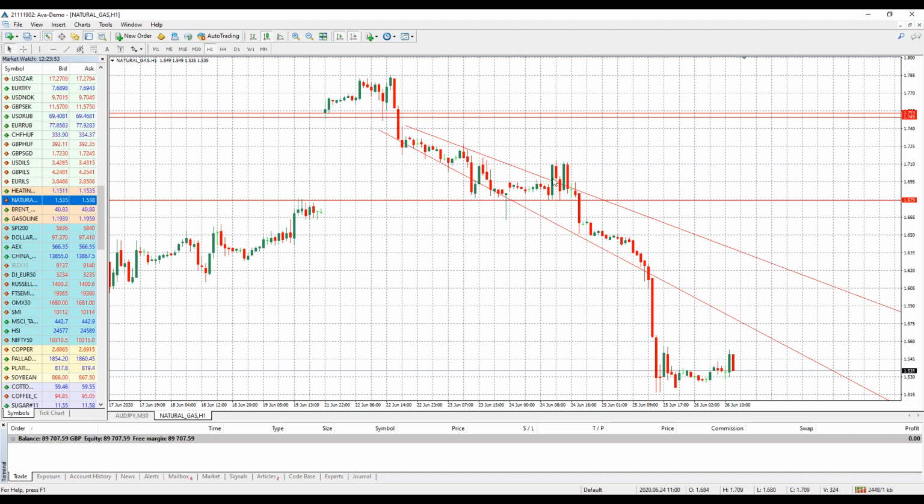Support, support, support, support. If it breaks below the bottom of this gap, which it did a couple of days ago, earlier this week, this is a support level.